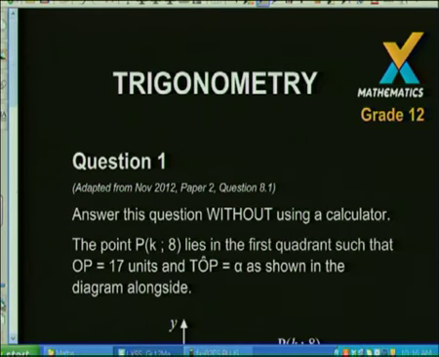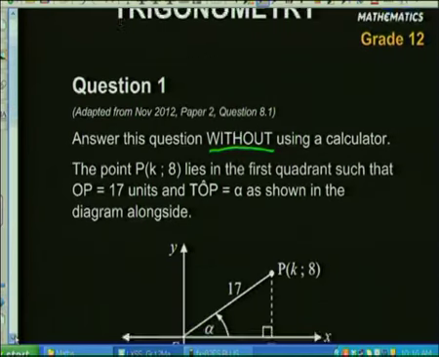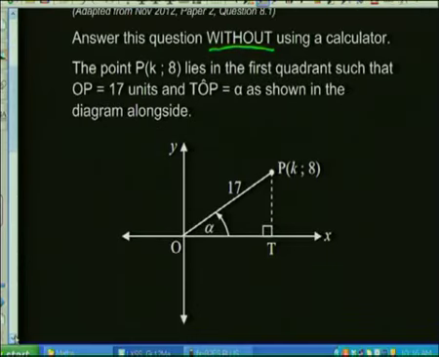Question 1. Answer this question without using a calculator. The point P(K; 8) lies in the first quadrant such that OP equals 17 units and angle TOP equals alpha as shown in the diagram alongside. Let's begin by looking at this information on the diagram. When we discuss a point, we are talking about a coordinate point that has an x and y value.